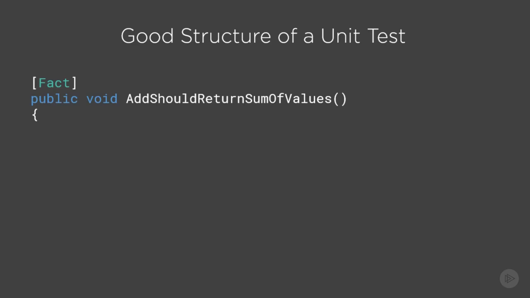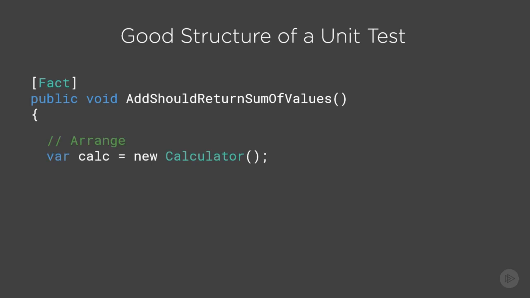In the previous demonstration, we have written a unit test for the calculator class that is called ShouldReturnSumOfValues. Implicitly, we have used a good structure of a unit test, which is always arrange, act, and assert. So in the first step, we arrange what we need for the test.